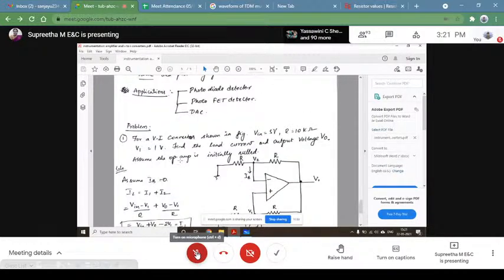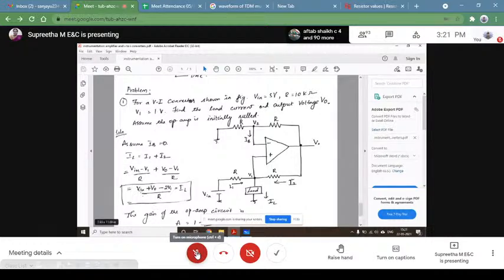So now we know V1 is 1 volt and Vin is 5 volts. Can you find out the load current IL?